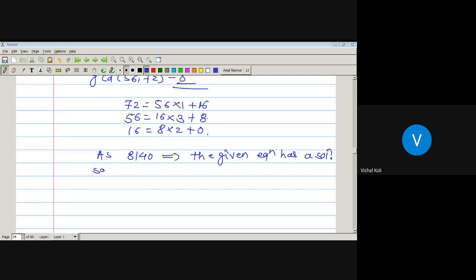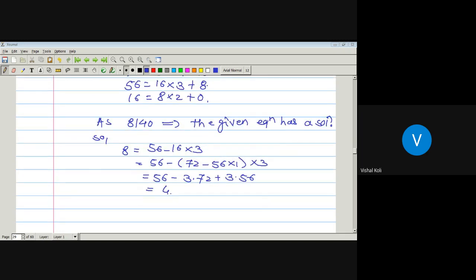Now first we will express this GCD as a linear combination of A and B. So what is the value of 8? It is nothing but 56 minus 16 into 3, which is equal to 56 as it is. What is the value of 16? 16 is nothing but 72 minus 56 into 1, into 3 as it is, which is equal to 56 minus 3 times 72 plus 3 times 56, which is 4 times 56 minus 3 times 72.